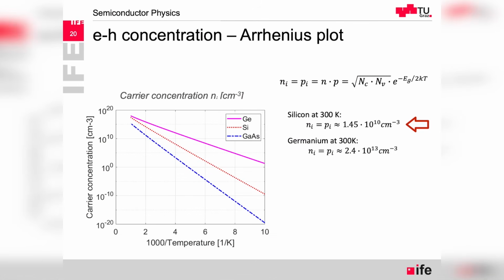For silicon at 300 Kelvin, we have 1.45 times 10 to the power of 10 per cubic centimeter, the number of holes and number of electrons. In germanium, it's 3 times higher.